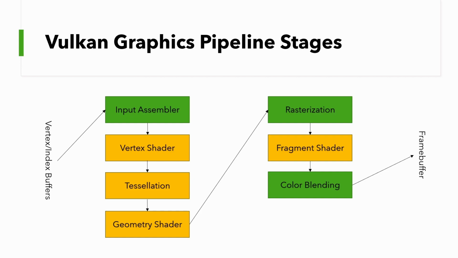So the next stage here is the fragment shader, and this is called for every fragment that survives along the process that isn't discarded and determines which frame buffer or frame buffers the fragments are written to. It also, at this point, determines what the color of those fragments are and what the depth values are. This can be used later on when doing post-processing type effects or things of that nature.